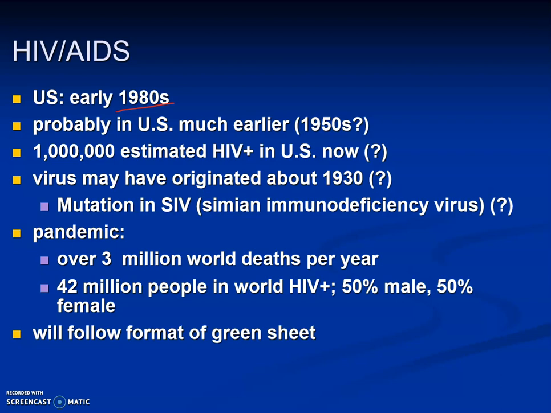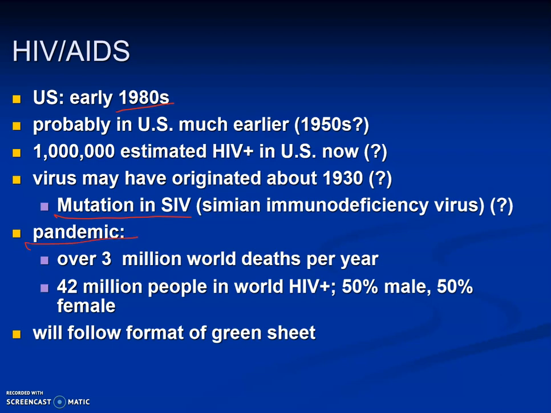The virus may have originated around the 1930s. There are some different theories out there. It probably was a monkey virus that was zoonotic and then jumped to humans and started infecting humans. It could have been a mutation of the SIV, the simian immunodeficiency virus, but it's definitely a pandemic.